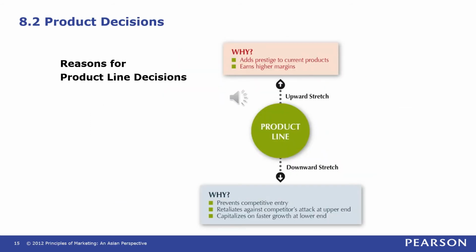Why does a company need to produce different product lines under the same roof? A product line is a group of products that are closely related to one another because they function in a similar manner.